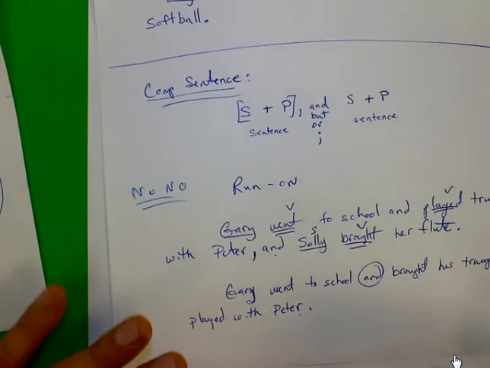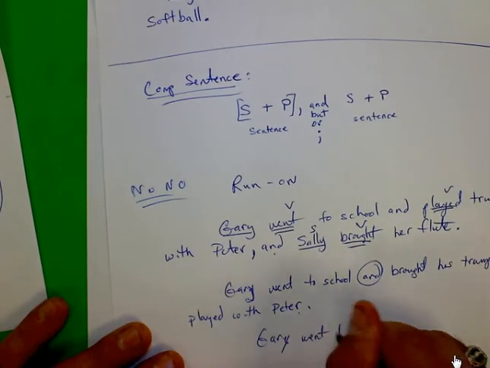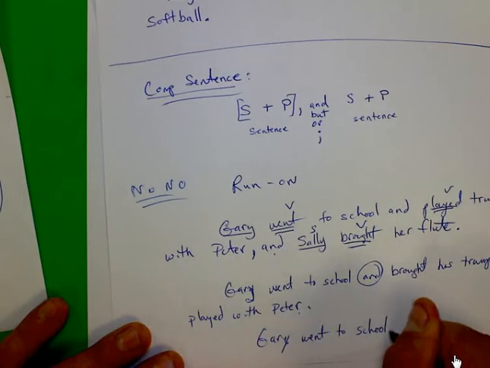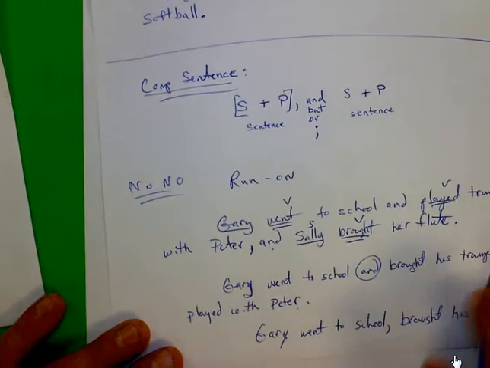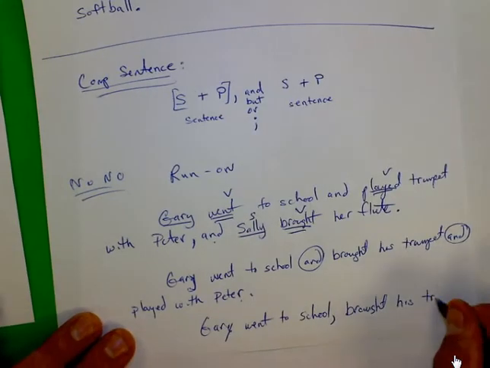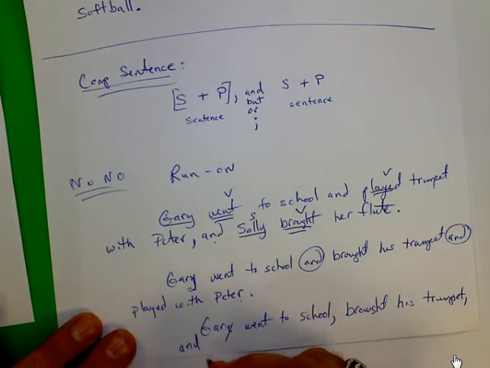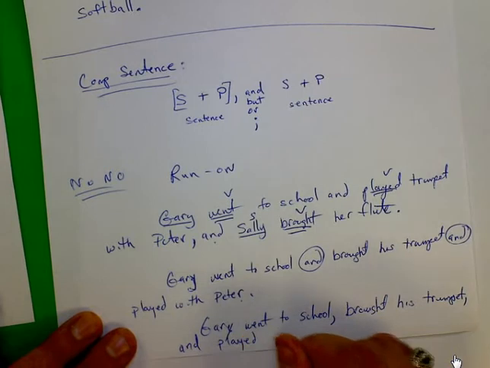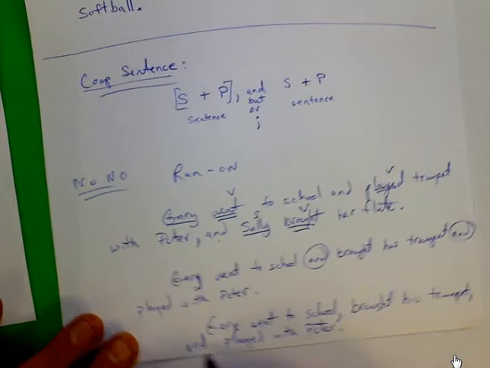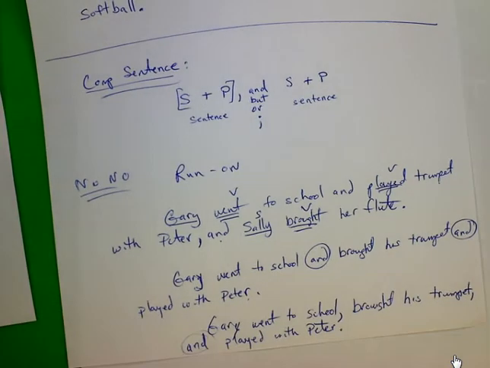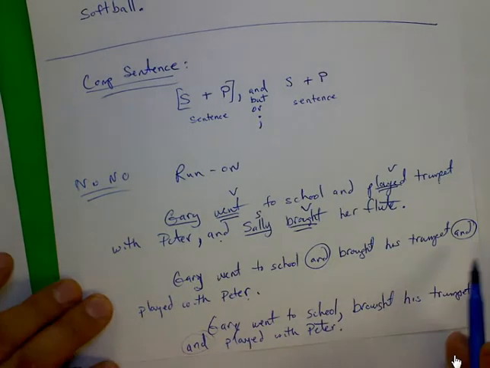Can we combine it? Gary went to school, comma, brought his trumpet, comma, and then we're going to put one and at the end, and played with Peter, period. Now, singling down our conjunctions is much better than just stringing them together because it's more concise.